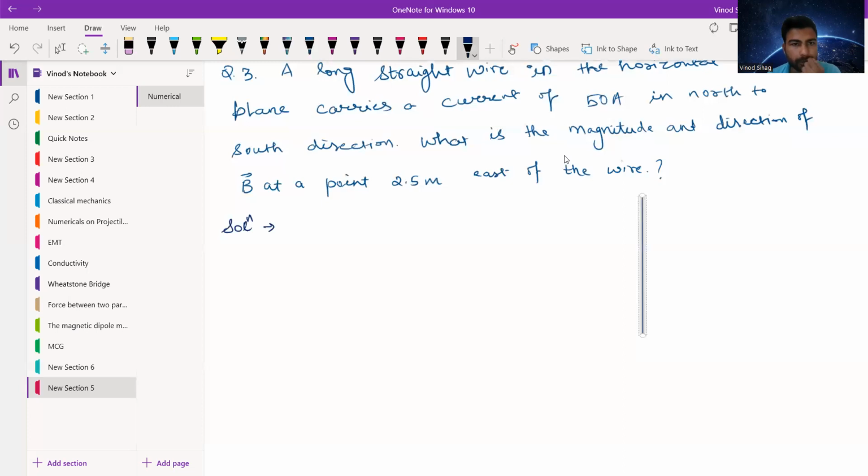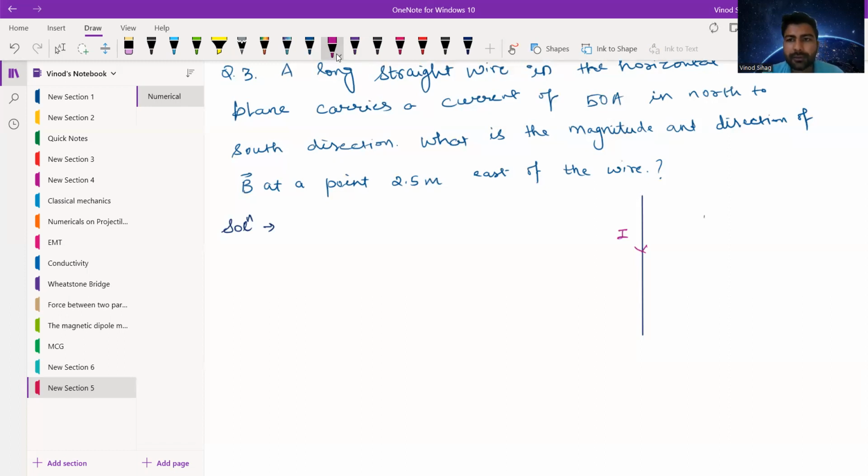In which direction? North to south direction, that means in the downward direction. So let's draw the current here, downward, like this.